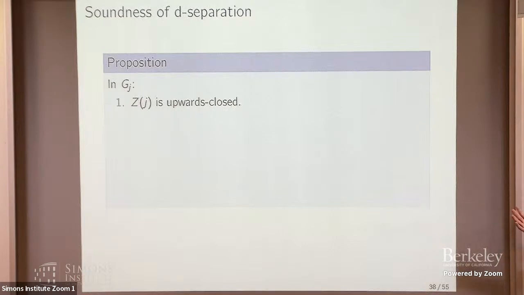Inductively, if this is true for j minus 1, then by the time we get to j, Zj has a bunch of ancestors that we wire up all together, and then we reverse all the edges from ancestors of Zj into Zj. So afterwards, we have no edges into Zj.